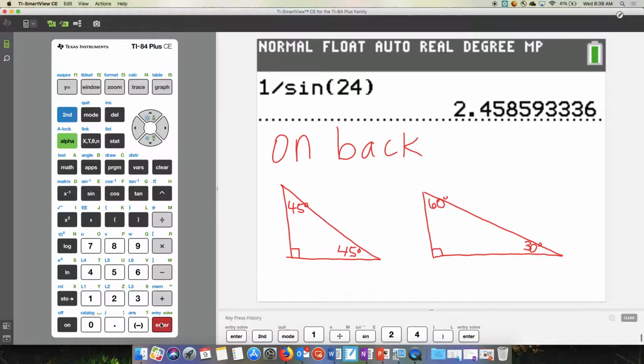There is a relationship with the sides, and you need to understand that relationship in order to be able to solve triangles with these angles. So what I need you to do is complete the front, flip it over, fill out these 2 triangles. When that is done, call me over. I'll say, yes, you have it, or maybe let's tweak this. And then once you do have it, you can start on your homework.